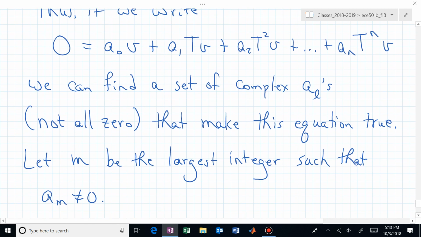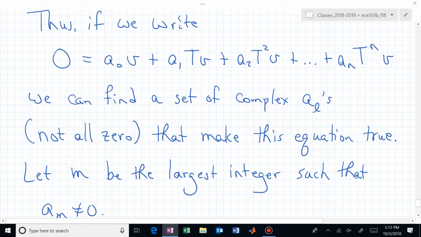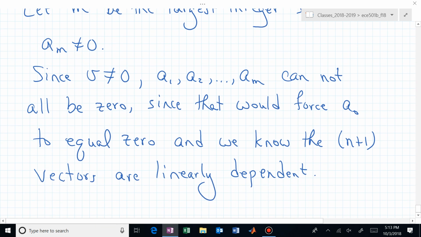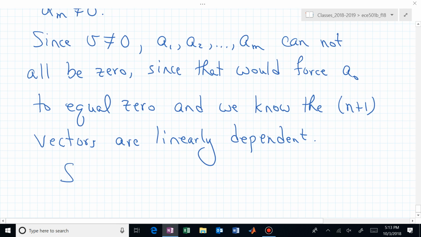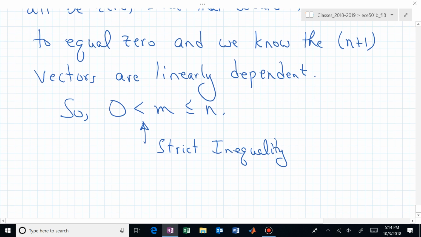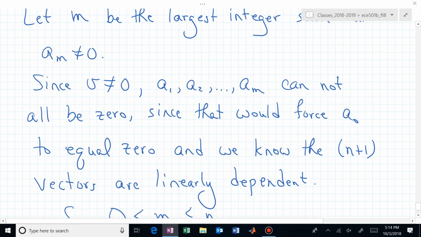So we know that that list of coefficients has to contain some non-zero values or scalars. So now we know that m is strictly greater than 0. So this is a strict inequality. And it can be less than or equal to n.